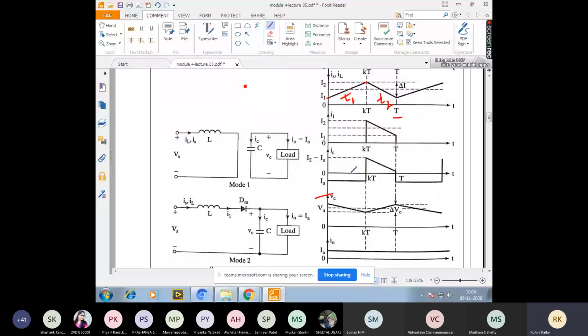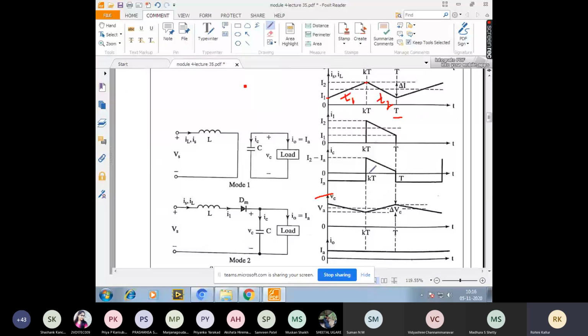And what is the capacitor current? Initially you can see that the magnitude of the capacitor current is going down. We have it as minus IA. This is because the load current is flowing because of the charge present in the capacitor. So the capacitor current is at minus IA, and this holds until the duration T1.